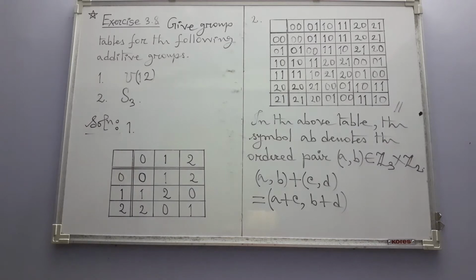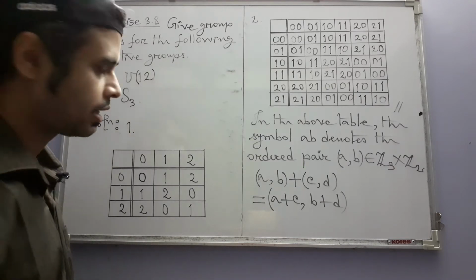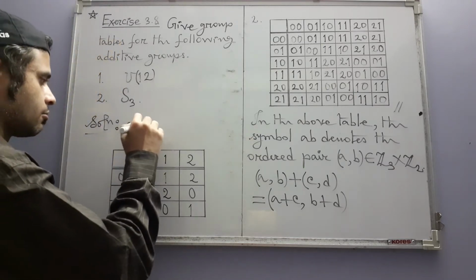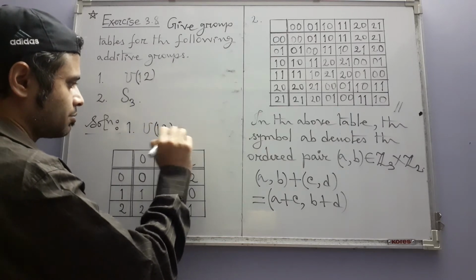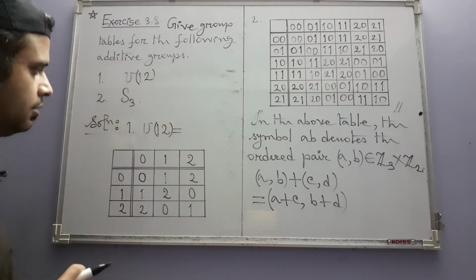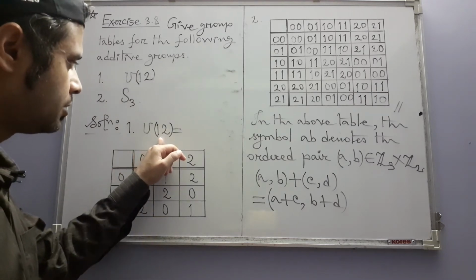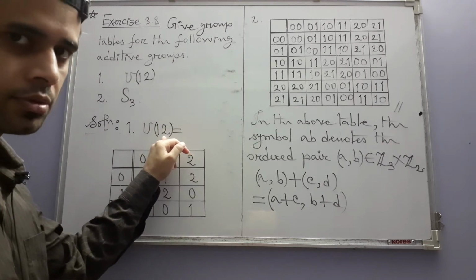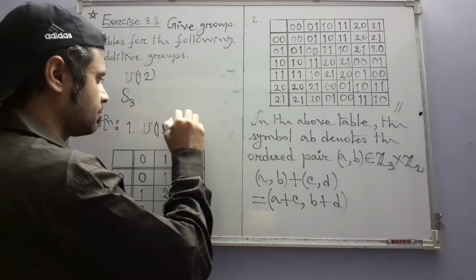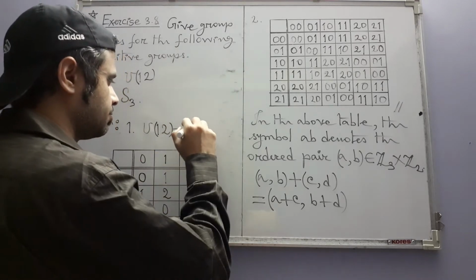Okay, so first of all, we need to know what the elements in U12 are. You know from the definition of U12 that U12 consists of all positive integers less than 12 and relatively prime to 12, and there are 4 such integers.